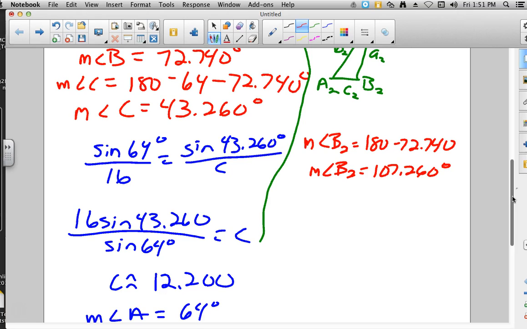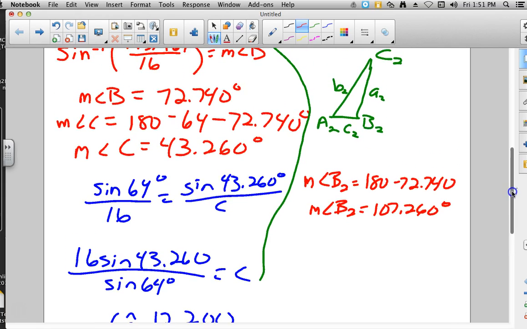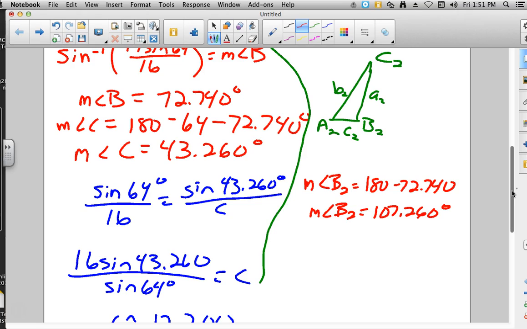And then, of course, we know every triangle has 180 degrees, and we were already given angle A. That was a part of the first problem, so this is 64. We know this angle now, which is our B sub 2, and that one we have at 107.260 degrees.